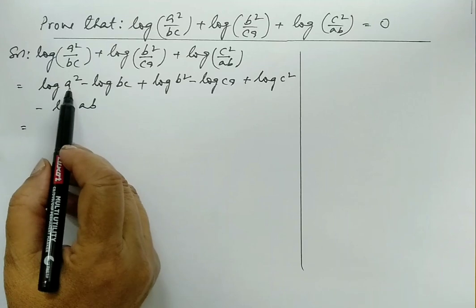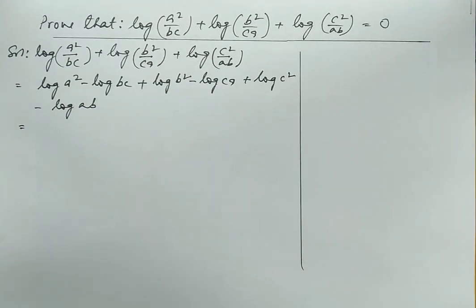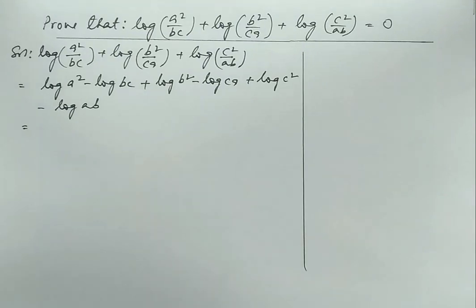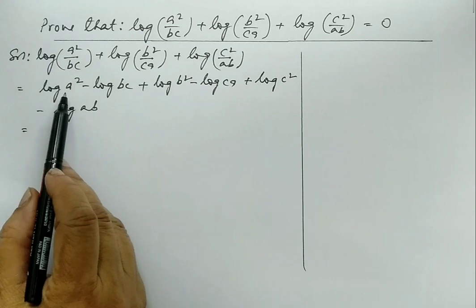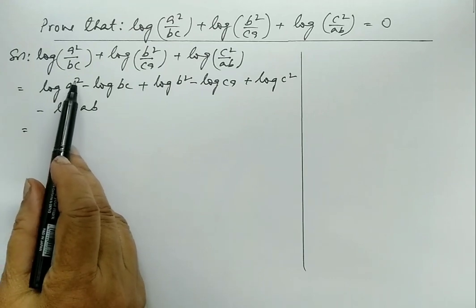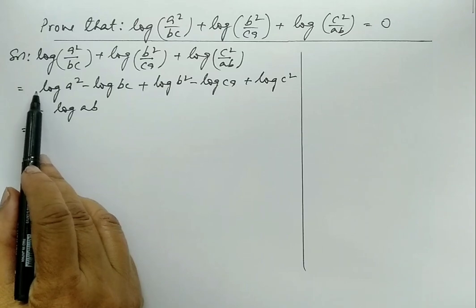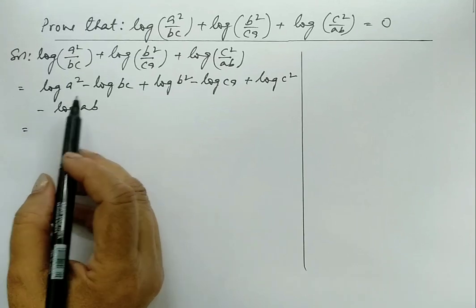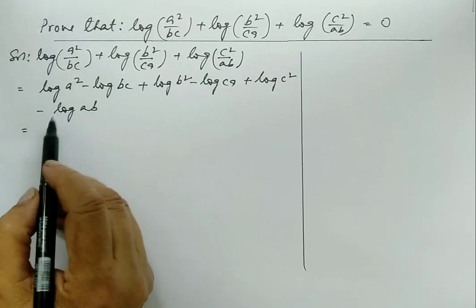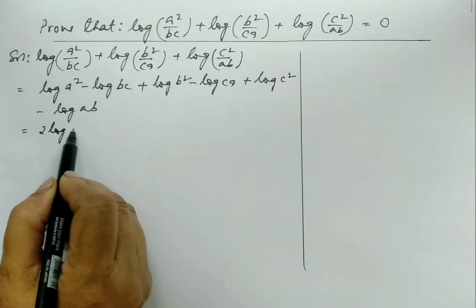All right guys, now some more simplification. Listen to me very carefully. Since you know that whenever there is log m to the power n, n goes to sit before the log. Now this will become clear if I write it. For this we have 2 log a.